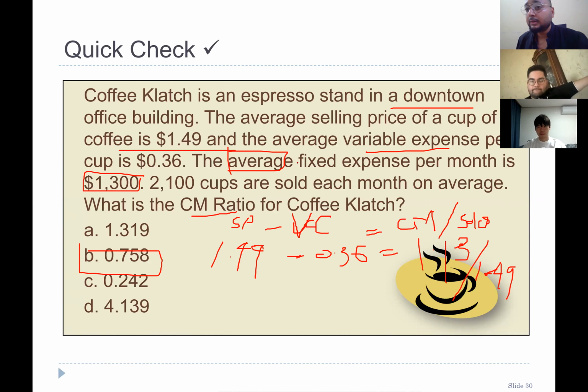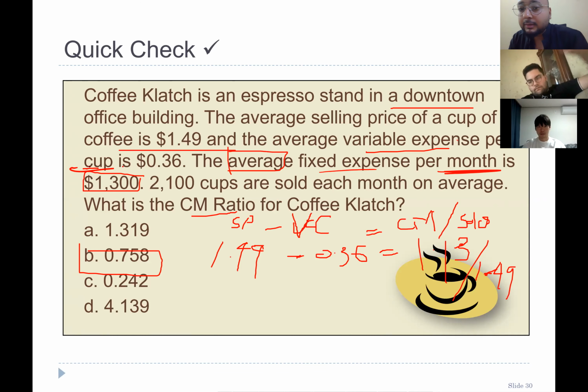This is not divided by quantity. It's not like that, because I told you that in questions and in practical life, we don't use fixed cost per unit. Right? So that's why they mention fixed cost per month, and variable expense per cup. See that?